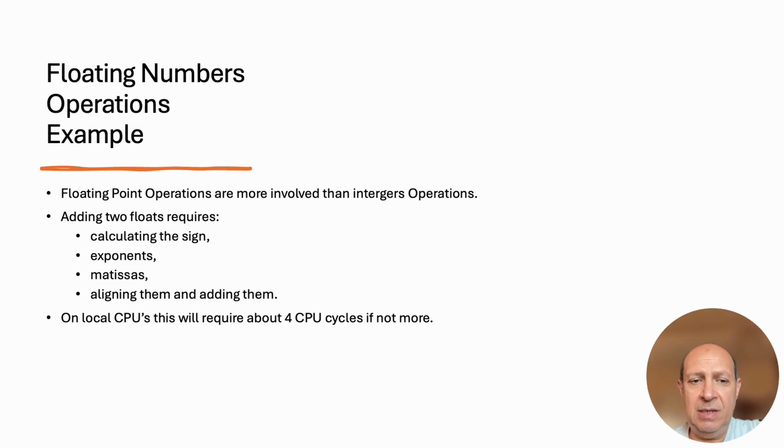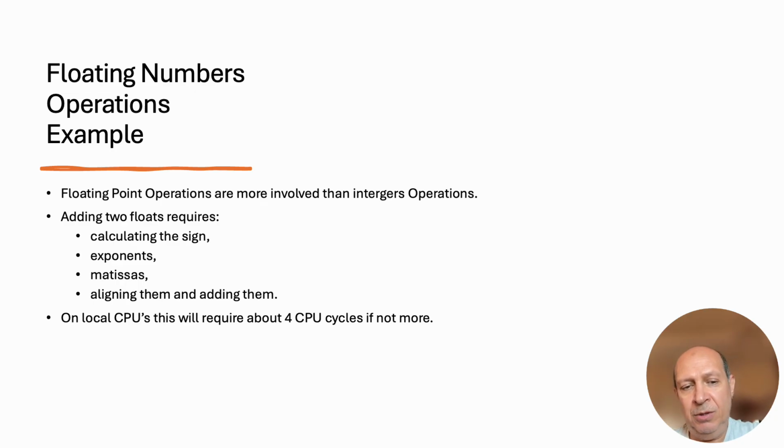As we saw in the previous example, floating number operations are a bit more complex than integer calculations, okay? Adding two floats or subtracting two floats, or imagine you're working with a large model where we have thousands and maybe millions of floats. It requires a lot of operations, including calculating the sign, the exponents, the mantissa, and then adding them together.